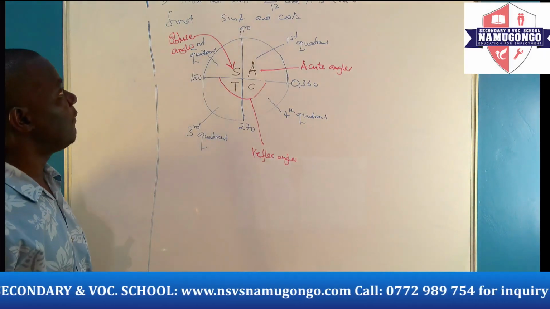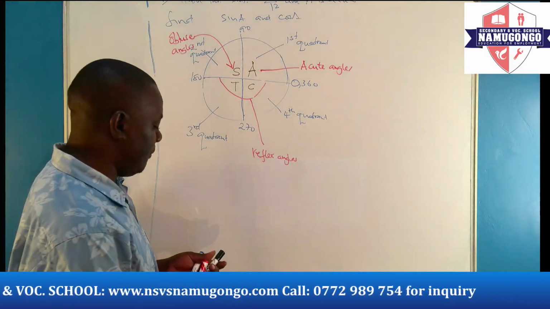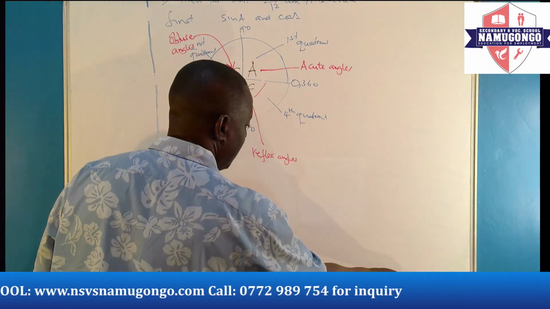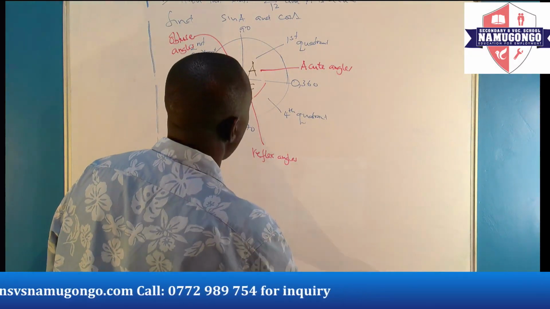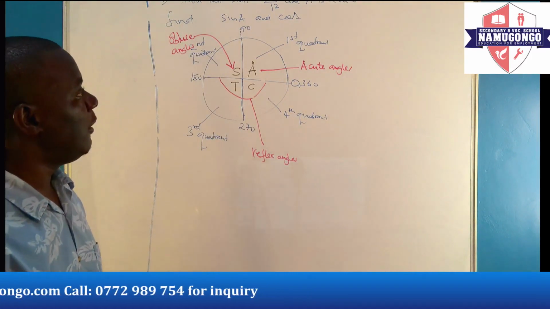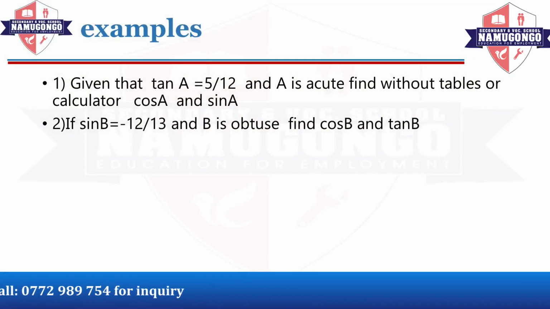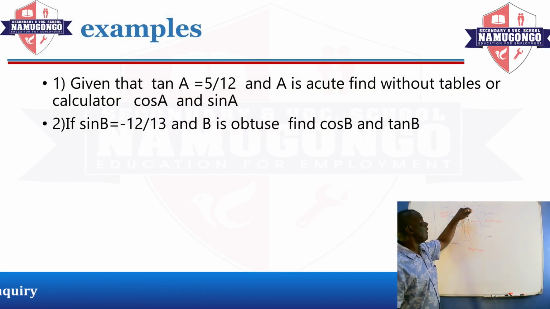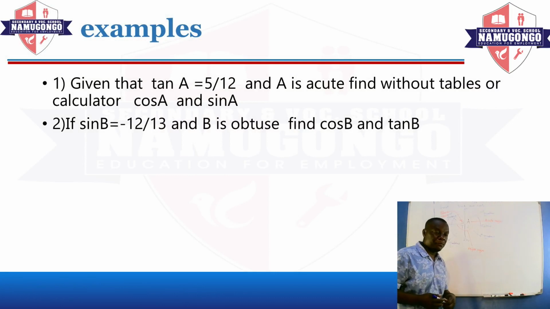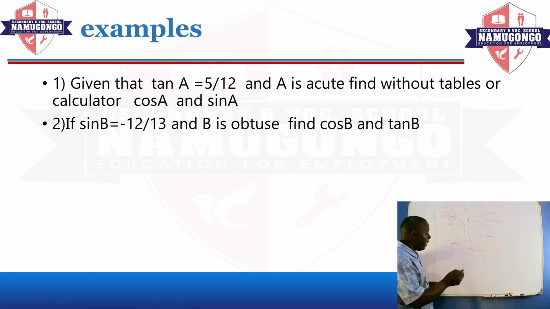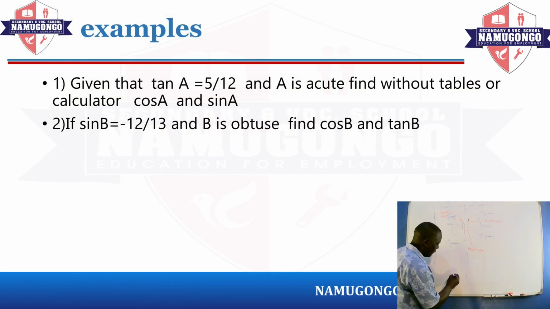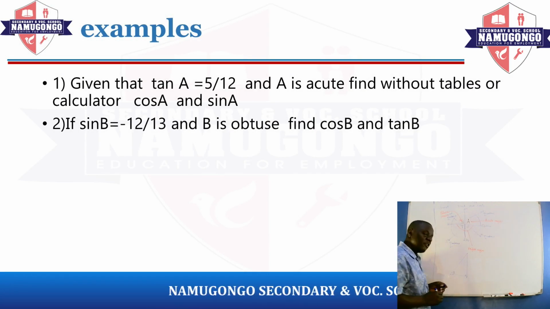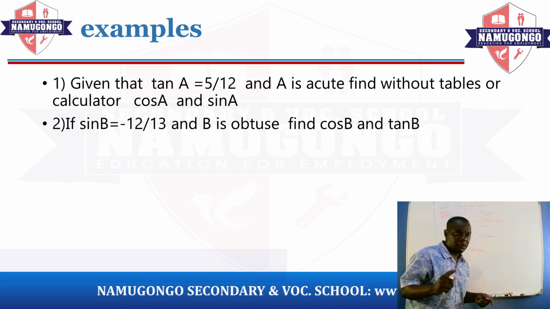My question is, given that tan A is 5 out of 12, and A is acute. Without tables or calculators, find the value of sine A and cos A. We come and draw a right-angled triangle, and we put here angle A, which is acute.